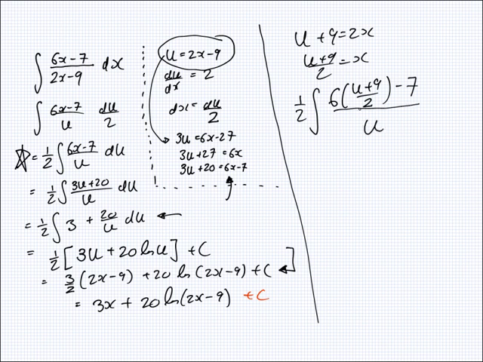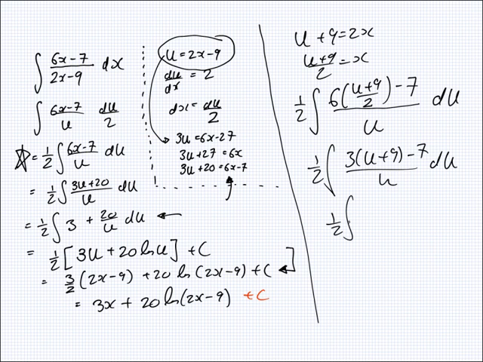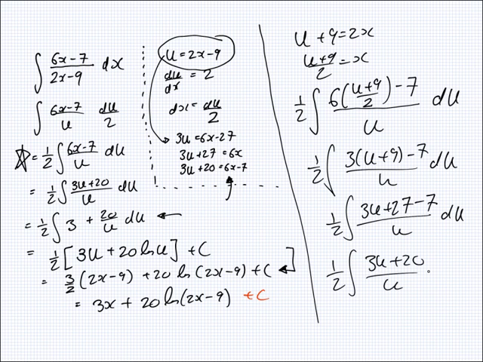Now you can see why I was trying to avoid this. But now we have to clean this up. It's not actually that bad, because here you have a 6 and here you have a 2. So they cancel down to 3 bracket u plus 9 minus 7 over u du. And then we can multiply in the 3. So that's 3u plus 27 minus 7 over u, which is a half 3u plus 20 over u du.